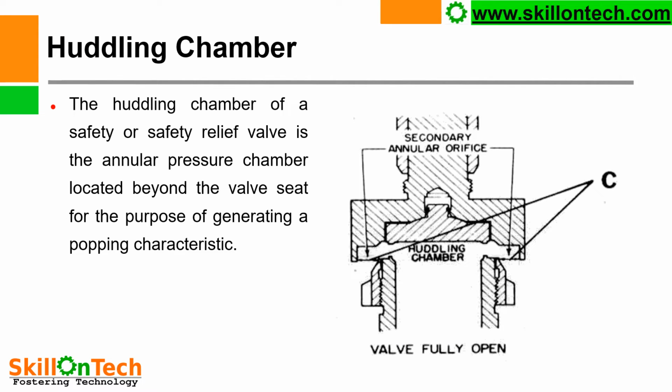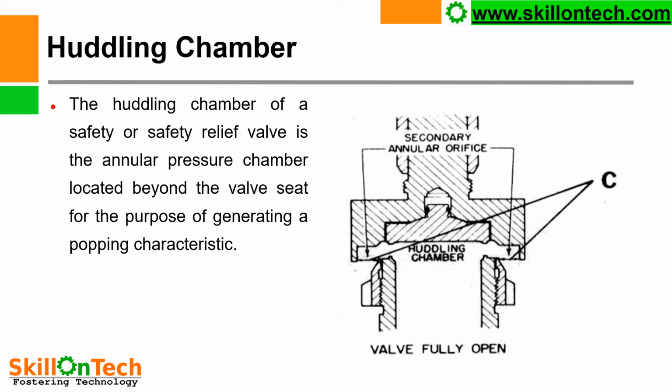Huddling chamber. You can see a picture of a huddling chamber of a safety valve. The huddling chamber of a safety valve or safety relief valve is the annular pressure chamber located beyond the valve seat for the purpose of generating popping characteristics.